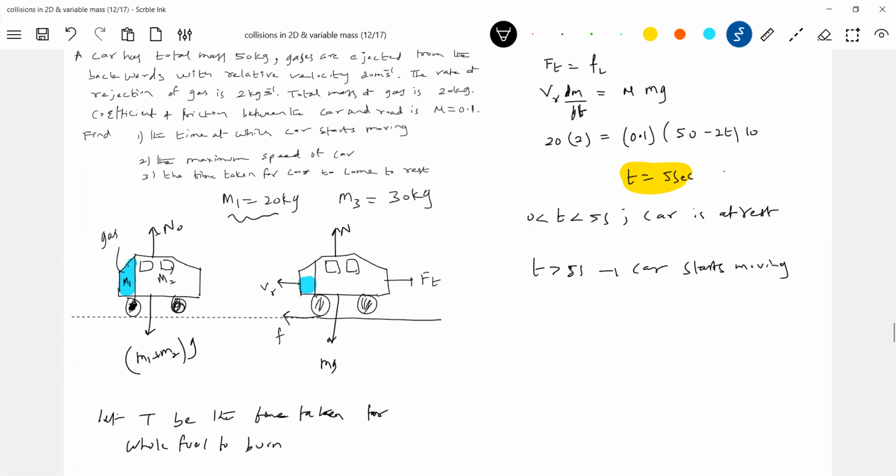What is the mass of the fuel? M1, because you should not bring the mass of the car. The car will not burn, only the fuel will burn. So M1 minus lambda into T equal to 0. What is M1? M1 is 20. Lambda is 2 kg per second.